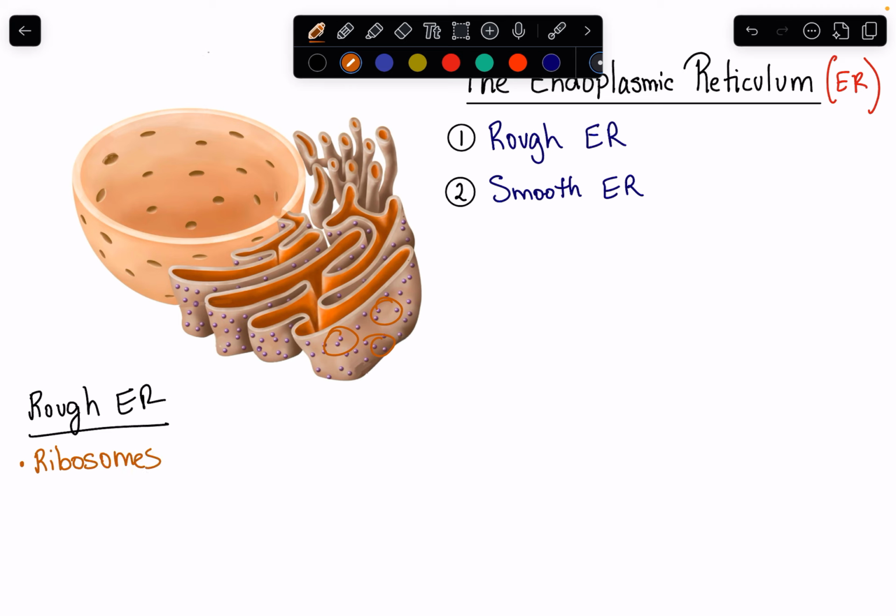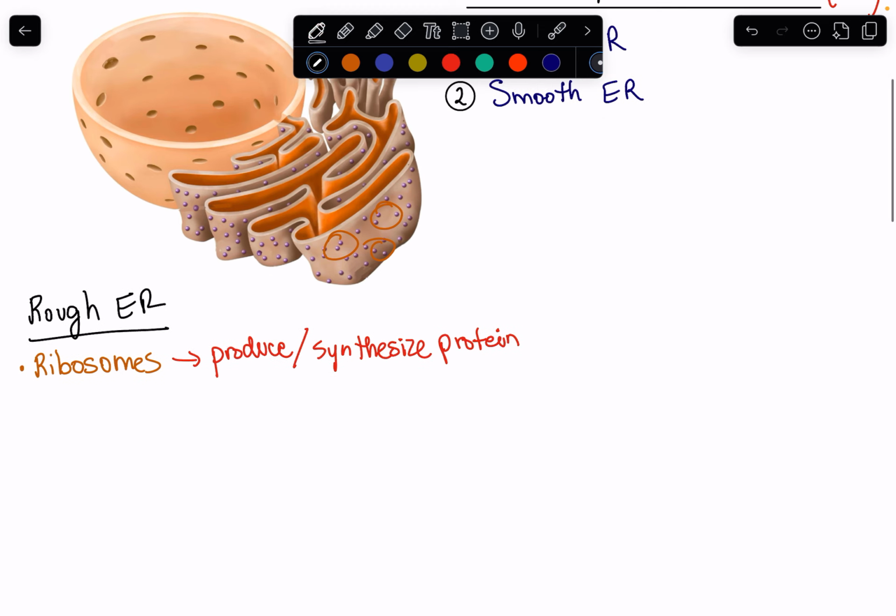What these ribosomes do is produce or synthesize protein. So the rough endoplasmic reticulum has ribosomes. That's another way that we can say rough ribosomes. And then the smooth ER, put it right underneath it.